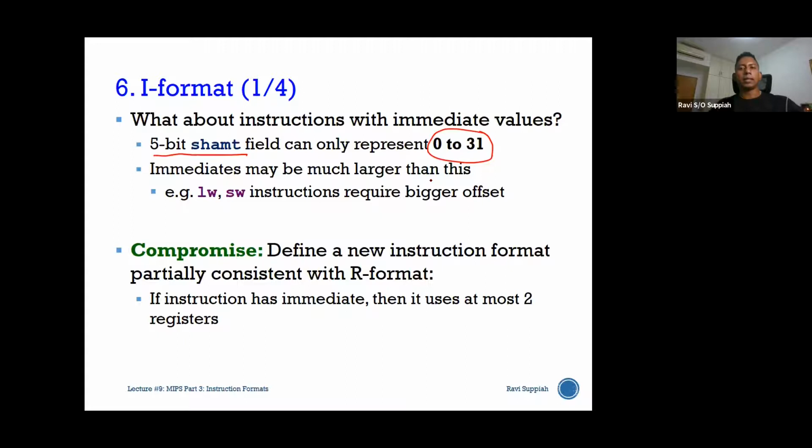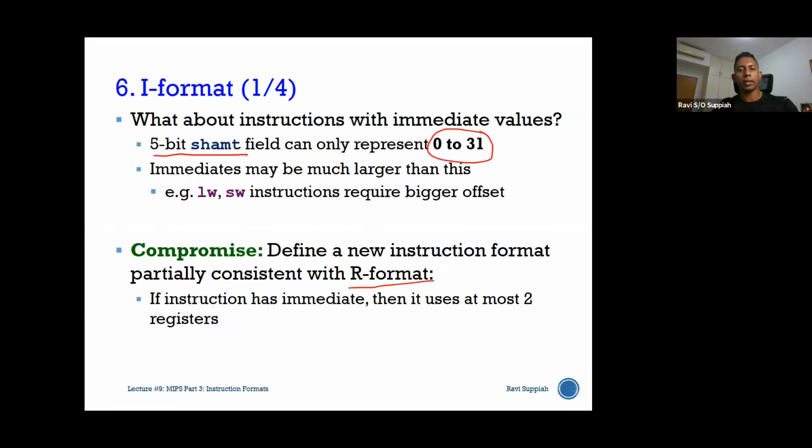But in terms of other instructions, your immediate value, you might want to have more. Correct. Now, how do I stick with the current instruction format which I've already designed for R and extend it to represent I?